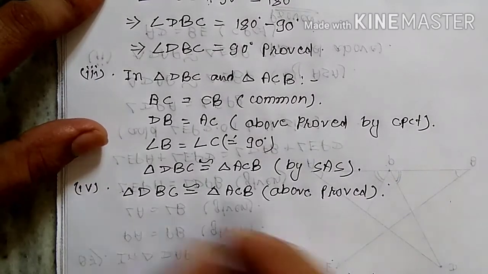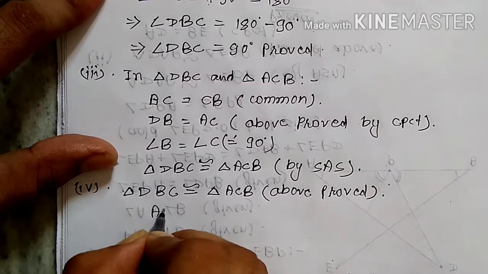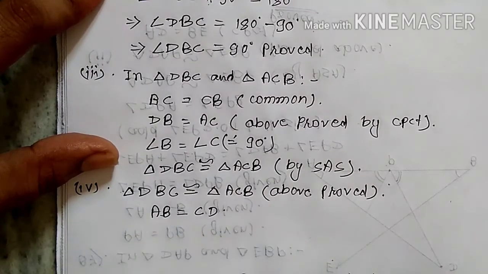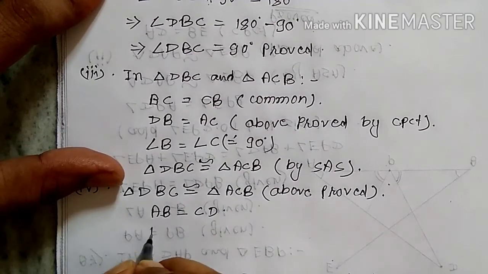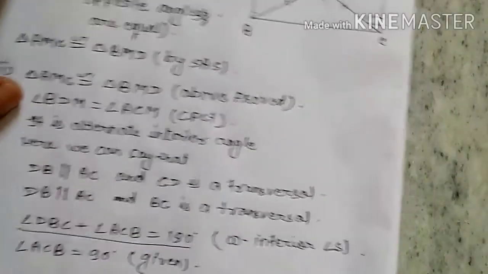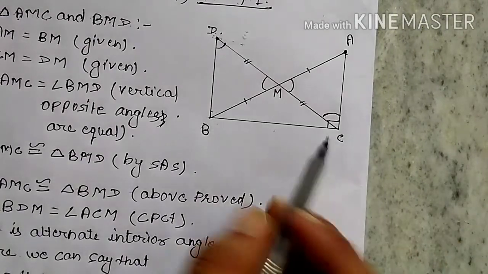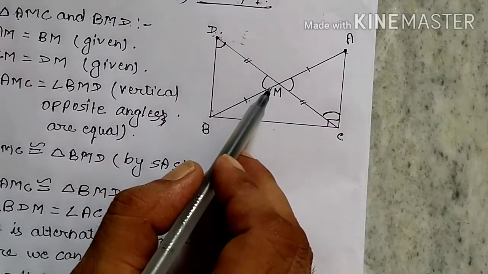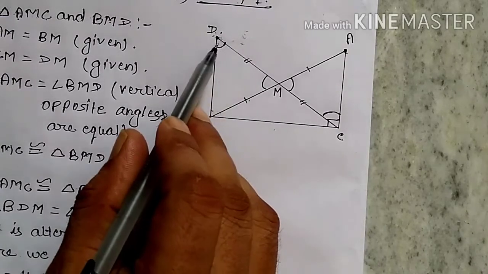So AB is equal to CD, and CD we can write as CM plus DM, and CM is equal to DM.